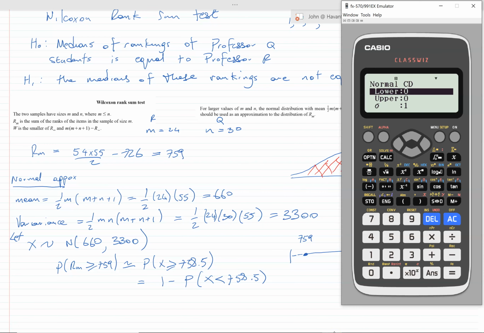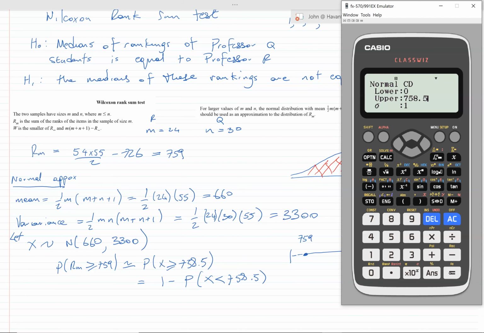You don't need to go over the top, don't need to put minus 9 times 10 to the 99 in. 0 would be pretty small here because we've got a mean of 660 and a standard deviation of 50, 60 odd, so 0 would definitely be small enough to get a very accurate answer. The upper tail is 758.5.